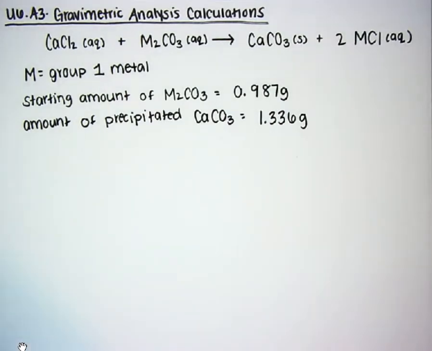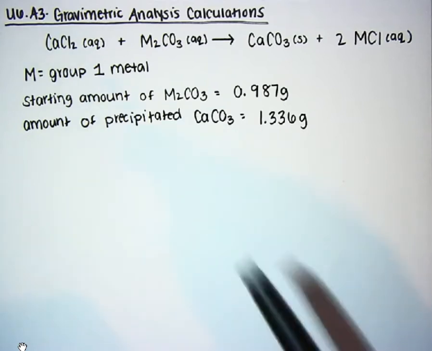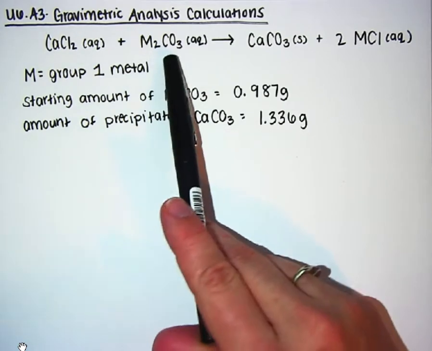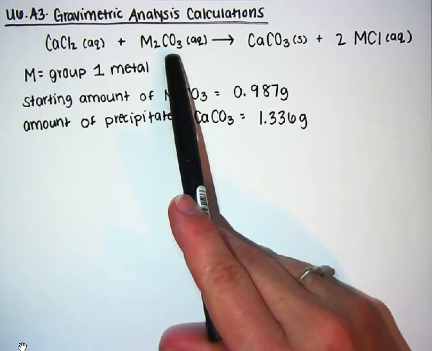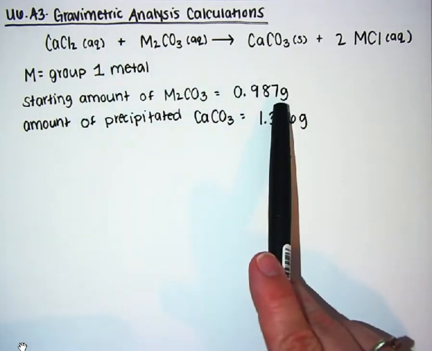So the way that we are going to approach this problem is we are going to identify the unknown based on its molar mass. Molar mass is grams per mole. So if I want to solve for the molar mass of the metal carbonate, I already have the grams, I just need to know how many moles I have.